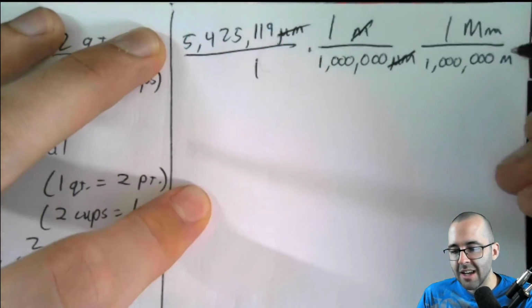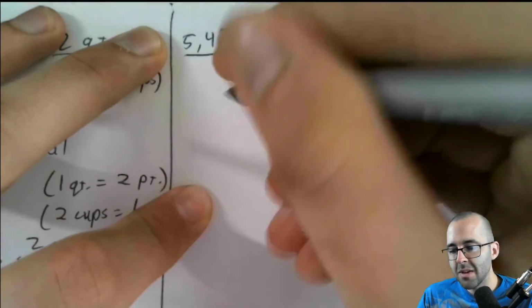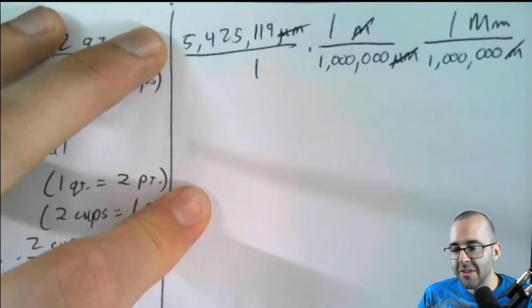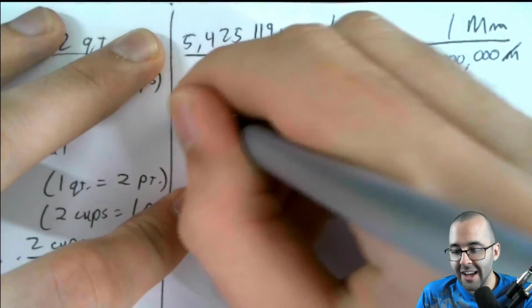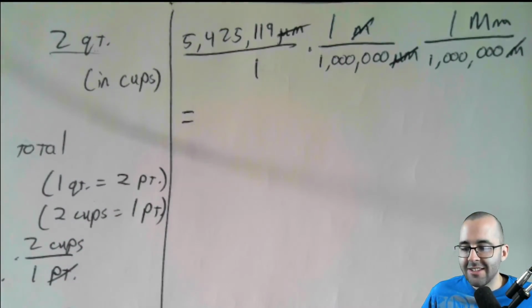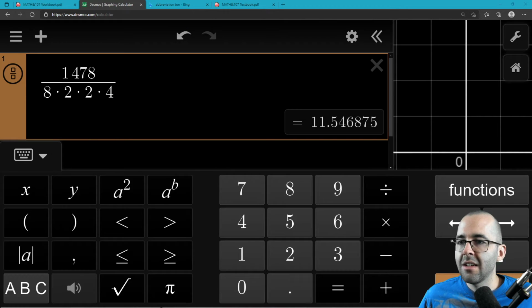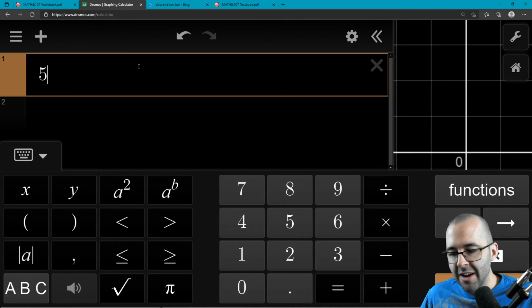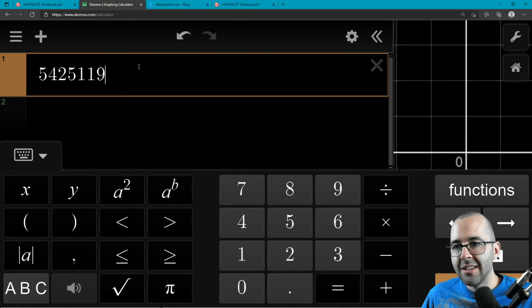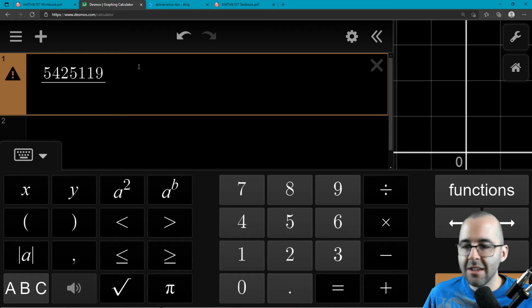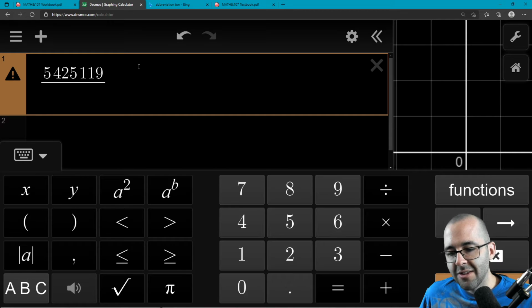So now the meters cancel and we're just left with megameters on top. I'm not going to move the decimal places on this one. I'm using a calculator. Let's take 5,425,119, and the calculator is going to divide this for me.